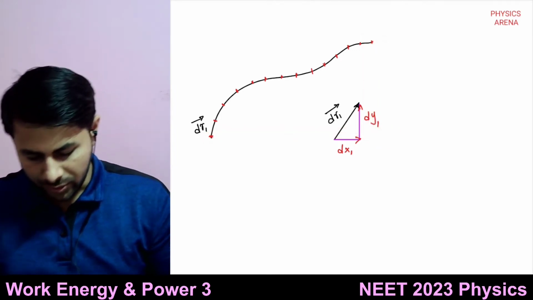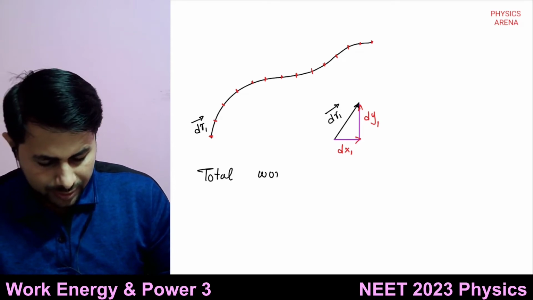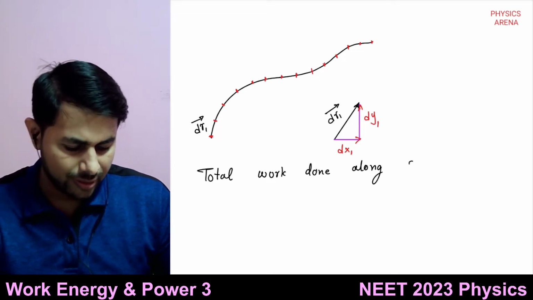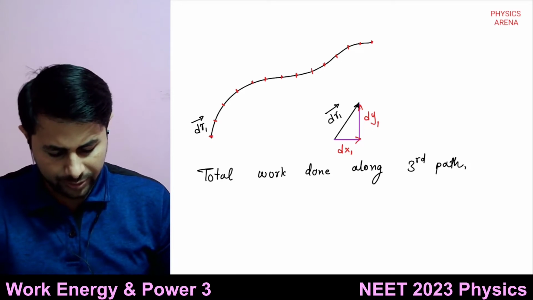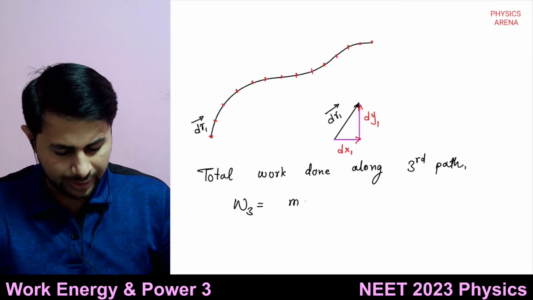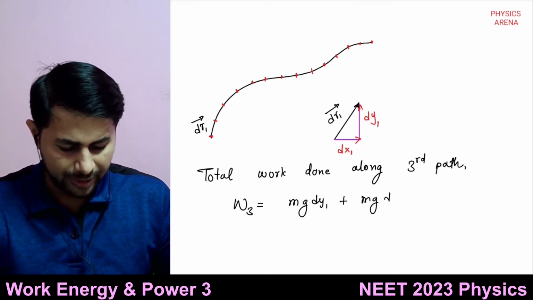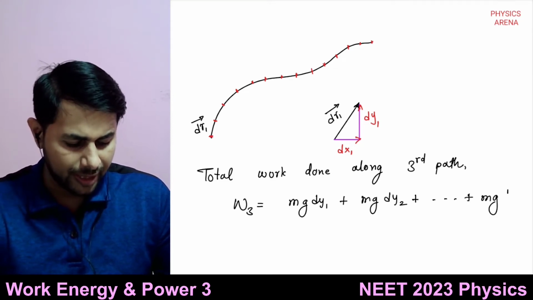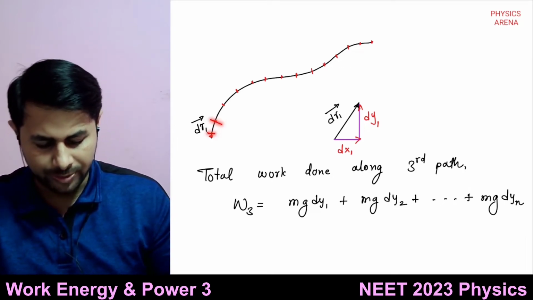Okay, so the total work done along the third path, you can say W3, is mg multiplied by dy1 plus mg multiplied by dy2 plus so on and so forth up to plus mg multiplied by dyn, if you are breaking it down into n number of segments.